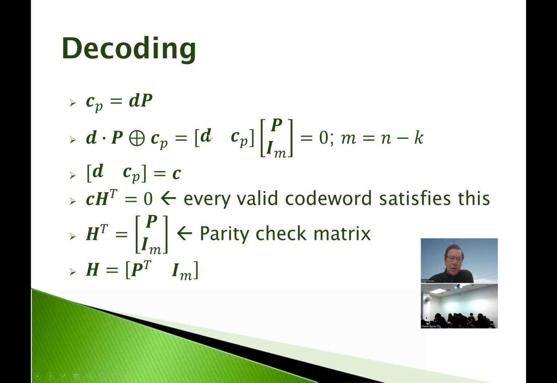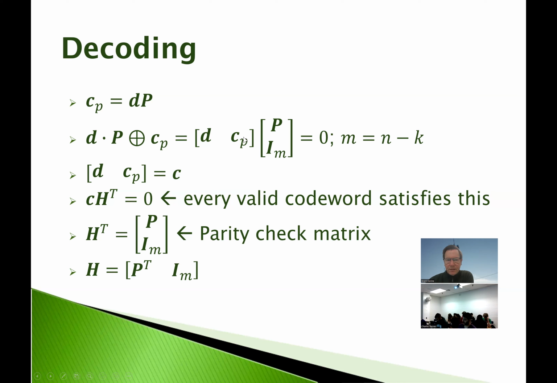We can rewrite this as an equation, but it ultimately should equal 0, because we're adding these things modulo 2, bit position by bit position, and they're the same. When you add two numbers that are the same, you end up with 0 because of the modulo 2 addition process.